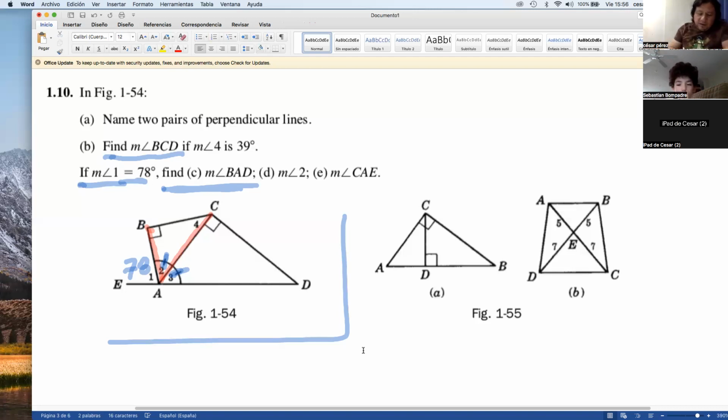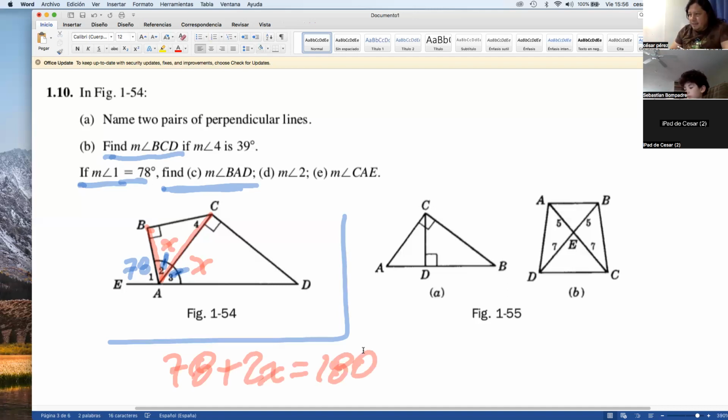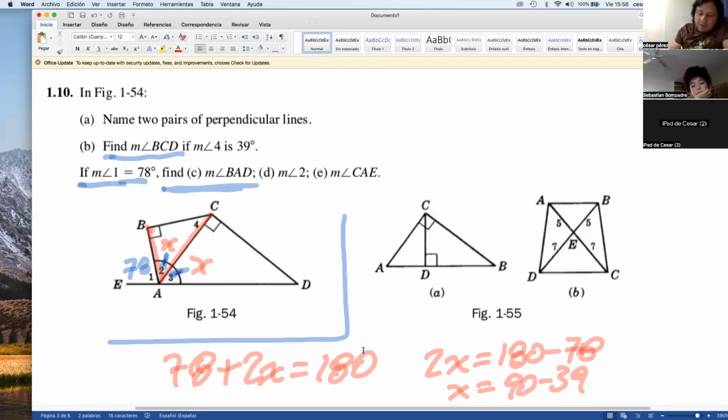Okay, yes, because this is x and this is x. So x plus 2x equals 180. So we will have 180 minus 39, 51. Okay. And subsection D.